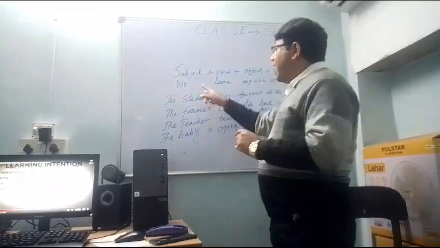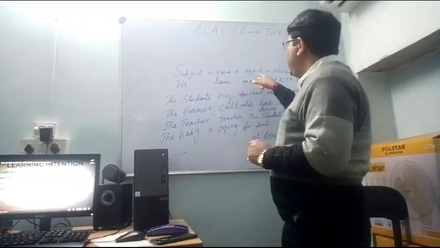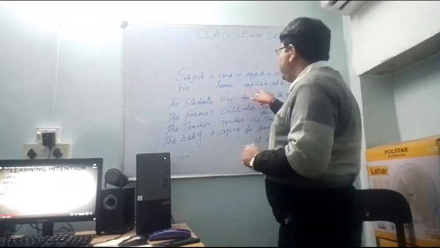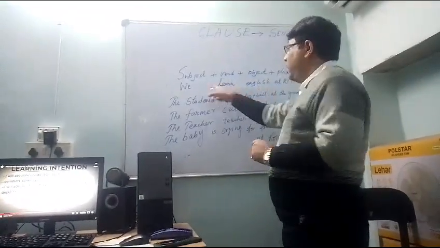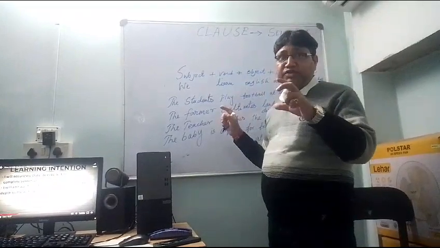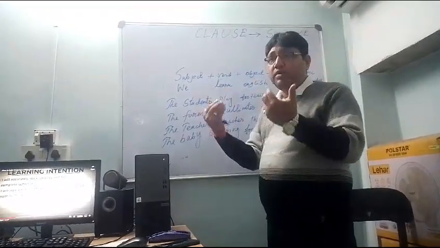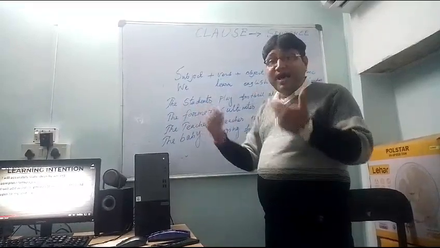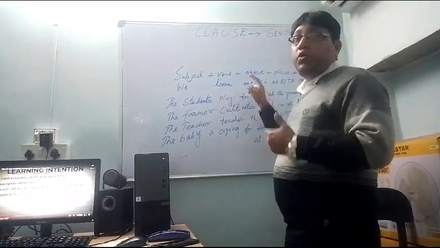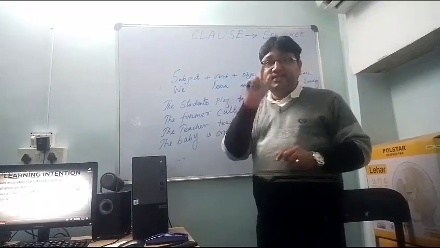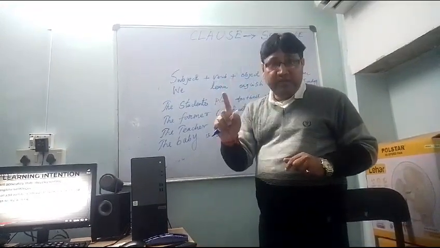So after the verb, we can use the object. What is an object? It is the thing to which the action is going. What do we learn? If you ask the question what or who, the answer is the object. So the basic elements of writing a sentence are subject, then verb, then object.